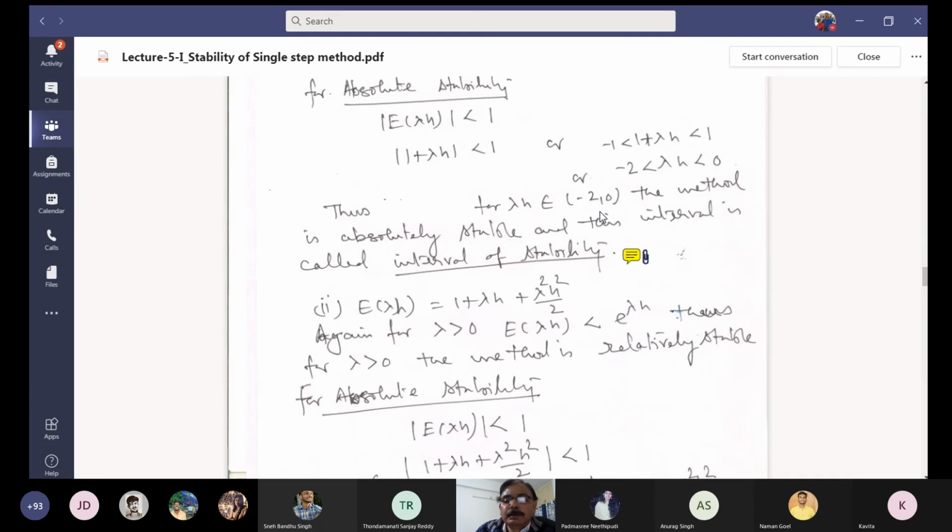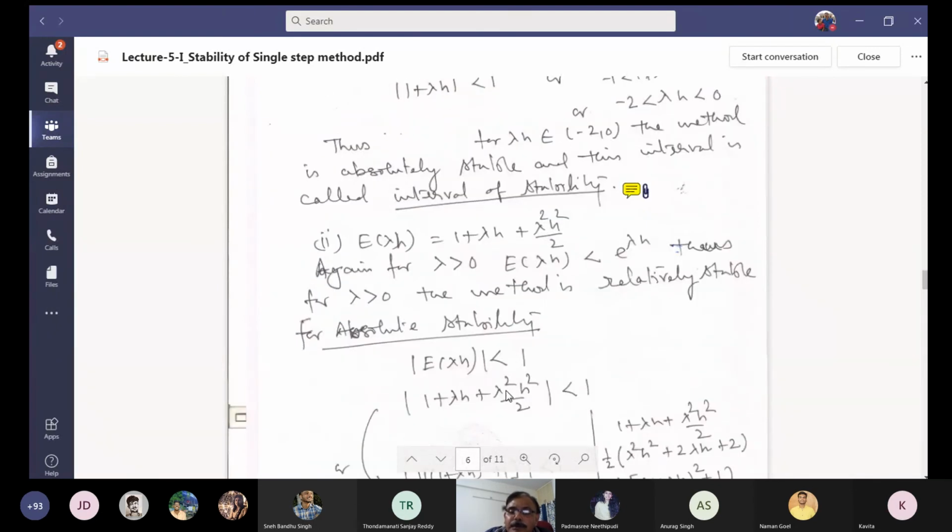Yes, sir. Okay. The second one, Taylor's method of second order. You have already seen that E(λh) is 1 plus λh plus λ square h square by 2. Again, you can see very clearly that for λ greater than 0, E(λh) will always be strictly less than e to the power λh, because further you have plus λ cube h cube by 3 factorial and so on. What will happen for λ less than 0?